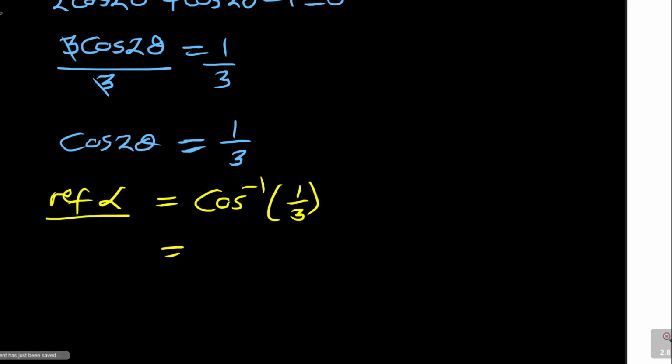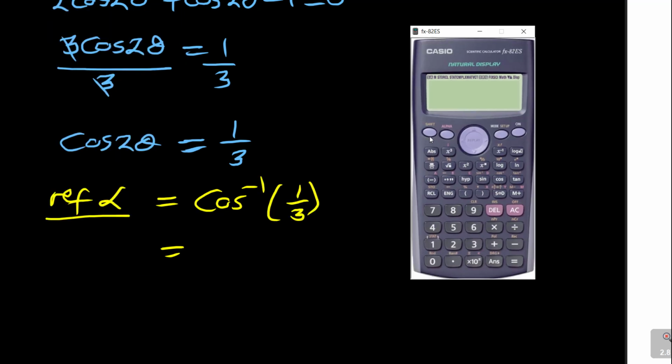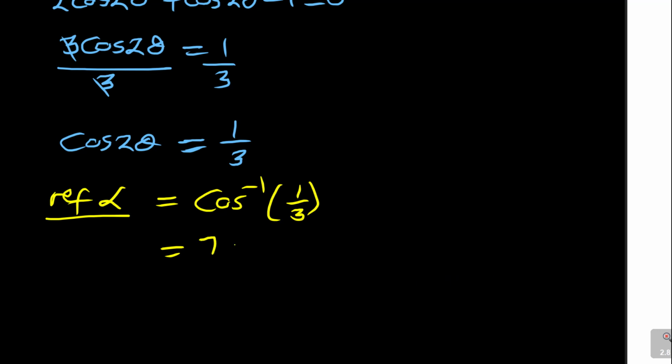Shift arc cos 1 over 3. I'm getting, they say 3 decimal places, 70.529 degrees. This is my reference angle.